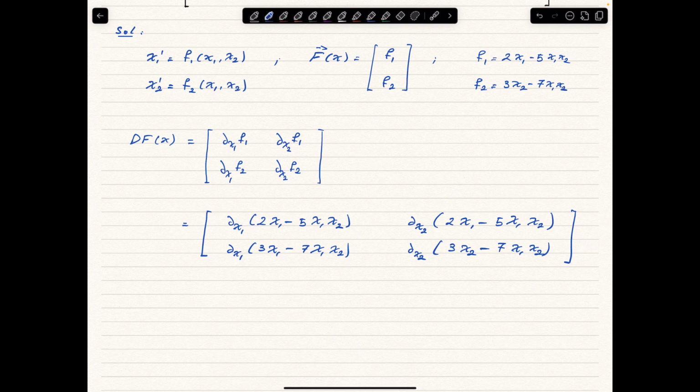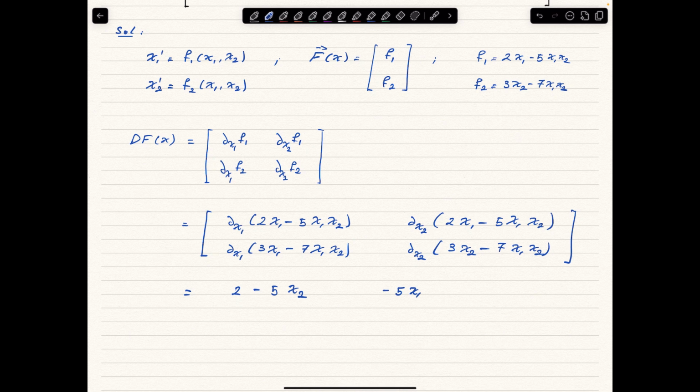And if we do that, we obtain that here we differentiate with x2 constant in this derivative, so we obtain 2 minus 5x2. Then here we differentiate with respect to x2, so this is 0 with respect to x1 part, and we obtain negative 5x1.